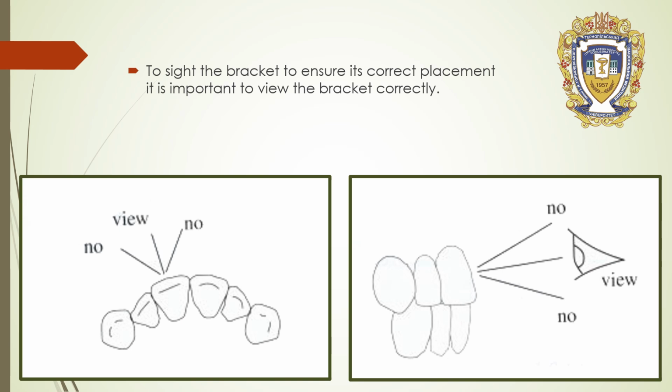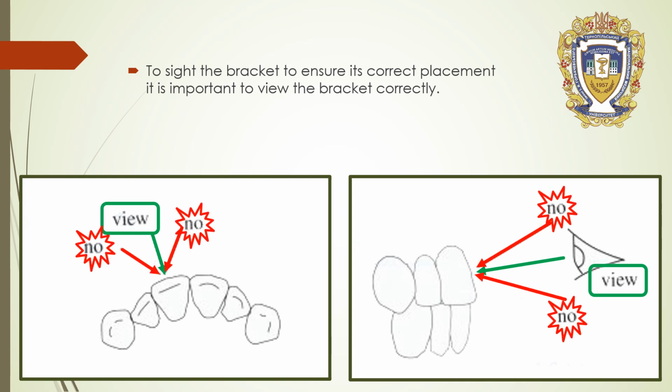To site the bracket to ensure its correct placement, it is important to view the bracket correctly. What does it mean? It means that our eye must be at a right angle to the tooth surface, not at another angle, only at a straight angle.